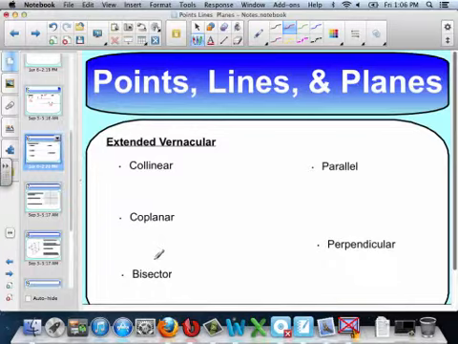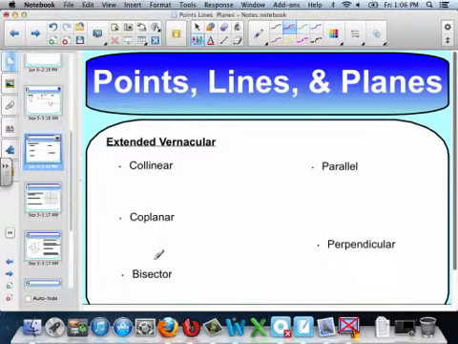Collinear. What do you think that means? You can have two lines that are on the same plane, so they're together on the same plane. We would call that coplanar. If things are on the same plane, then they're coplanar.